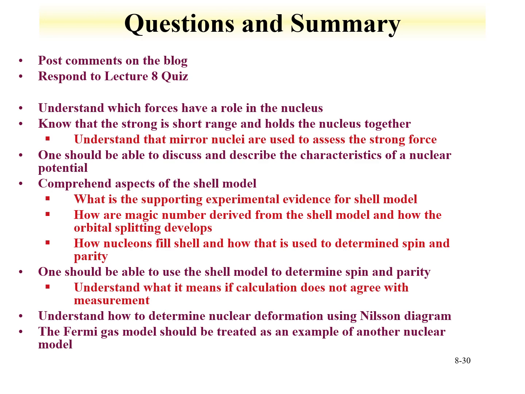Fundamentally, those unpaired nucleons provide the spin and parity that go into the nucleus. Nuclei with single unpaired nucleons have half-integer spins, while nuclei with two unpaired nucleons have whole integer spins. One should be able to use the shell model to determine spin and parity, and you should understand what it means if the calculations using the shell model to determine spin and parity do not agree with experimental evidence.